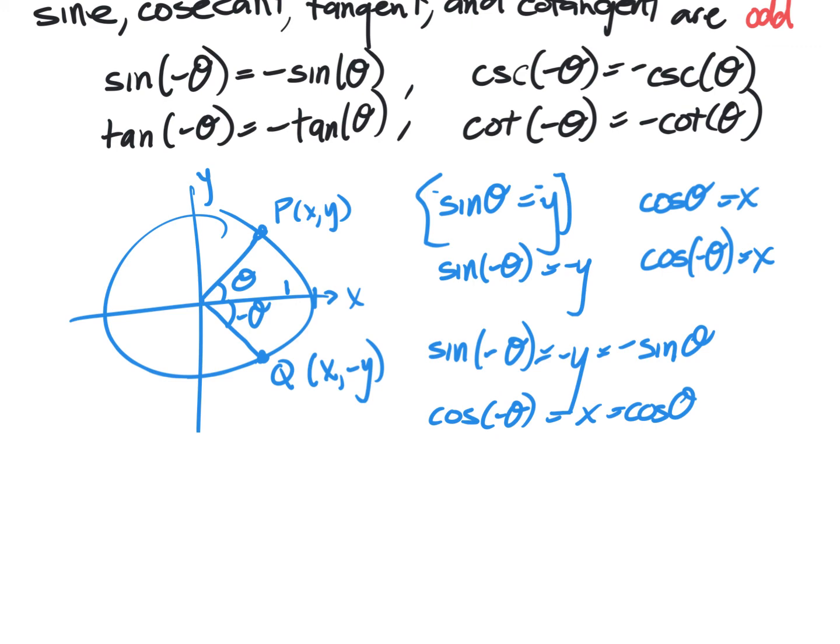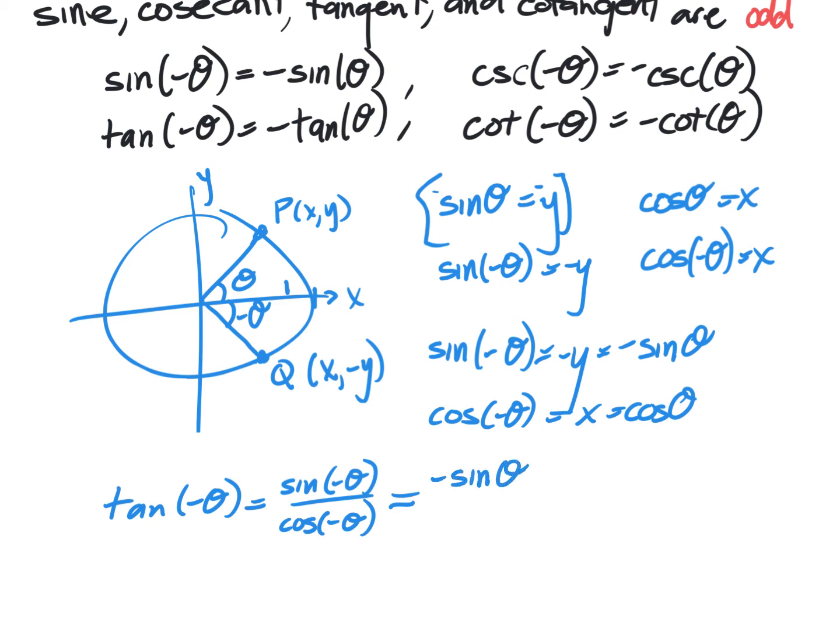Now, to prove tangent, we're going to have to use some identities. Tangent of negative theta, well, tangent is sine of negative theta over cosine of negative theta. And then we knew that sine of negative theta, since it's odd, is negative sine of theta, then cosine of negative theta, since it's even, is just cosine of theta.